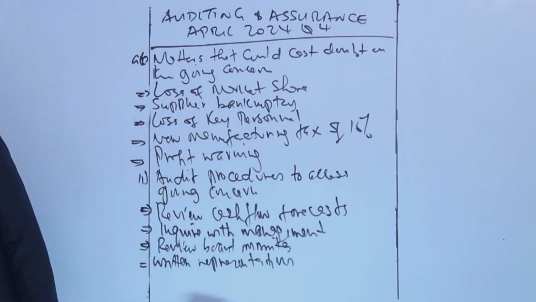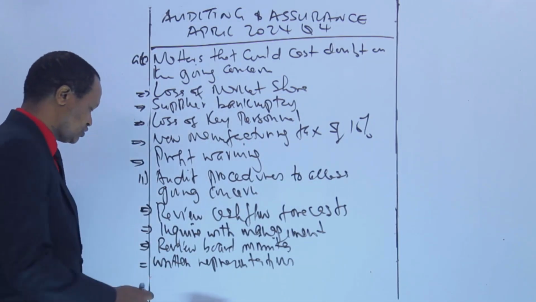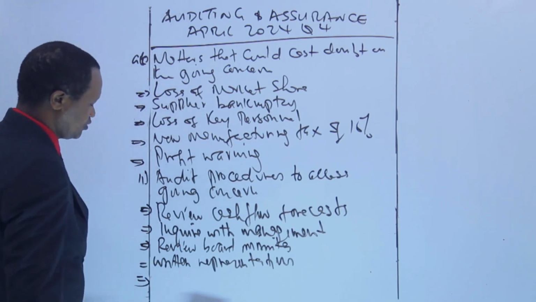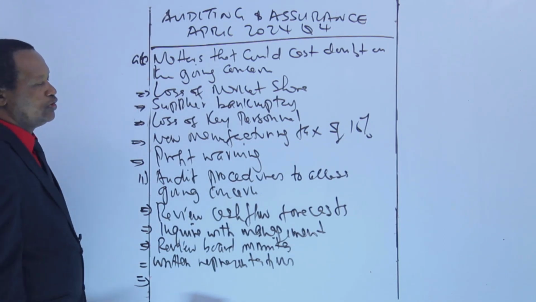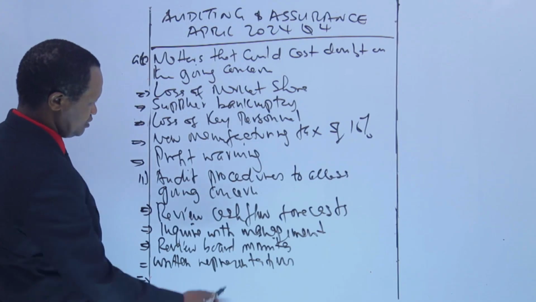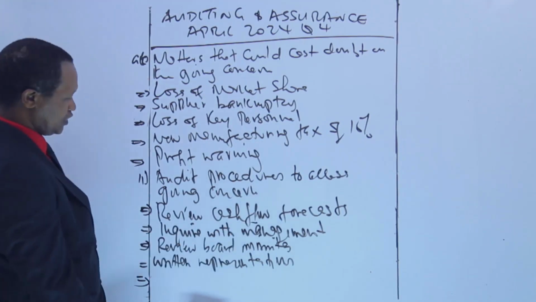I don't see any other point, but I don't know why you are not remembering a procedure on ratios related to cash flow focus.